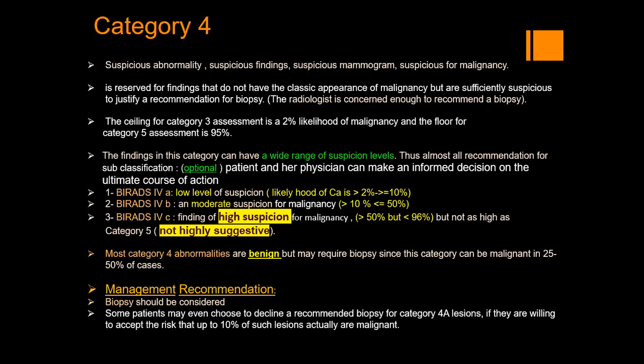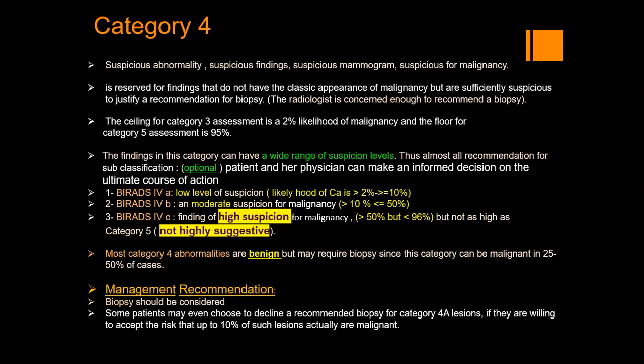That is why they prefer, optionally, to subclassify it into 3 categories: A, B, and C. A is a low level of suspicion, likelihood of malignancy more than 2%, the ceiling of 3, but equal to or less than 10%. While B is a moderate level of suspicion, more than 10% and equal to or less than 50%.